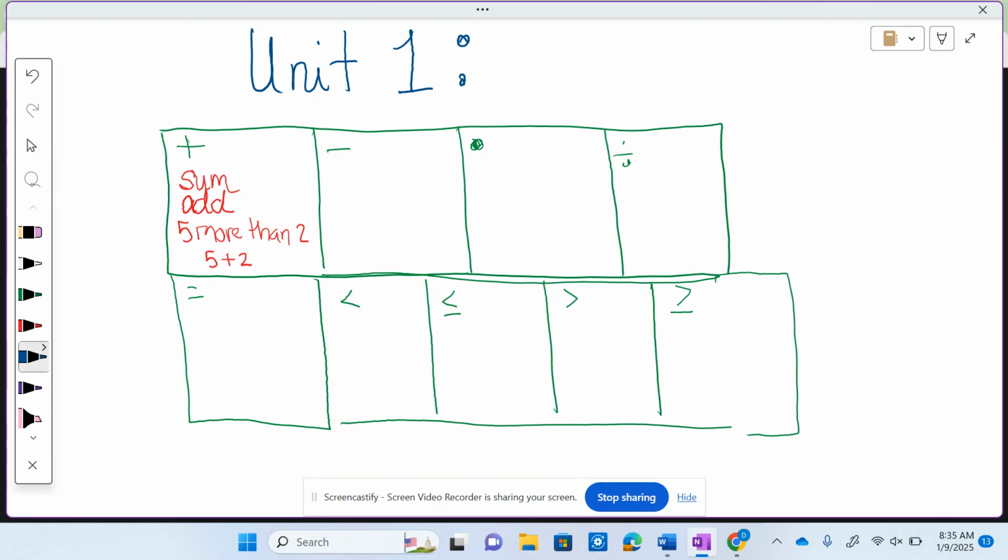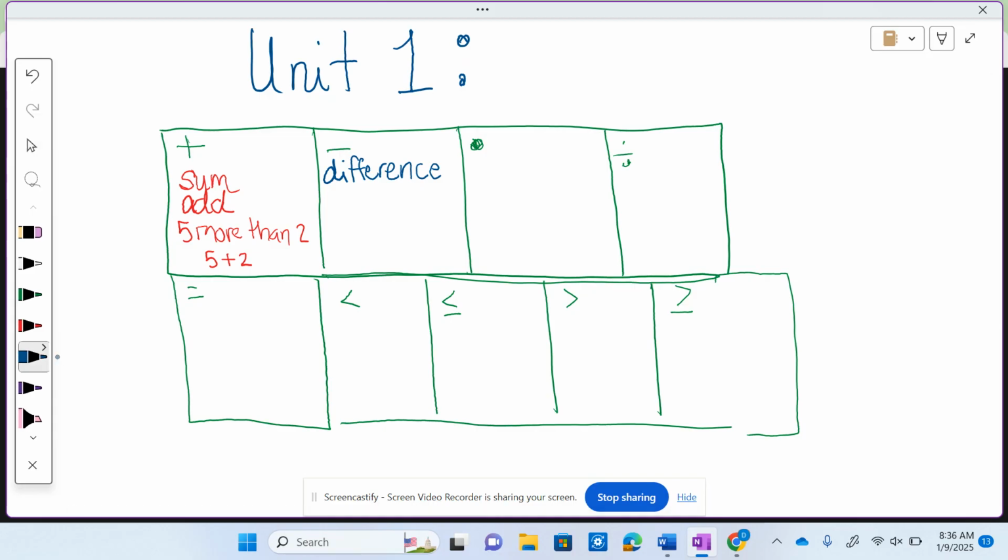Difference, yeah. That is probably the most common subtraction word. Difference. Less than. Less than. And it's written just like that. Not is less than, but less than.